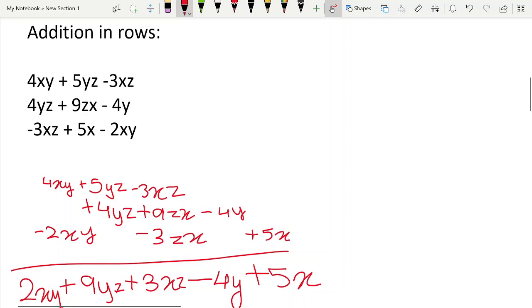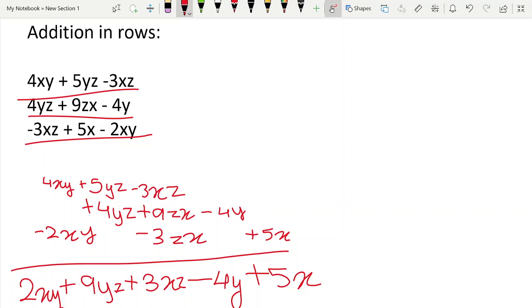Addition in rows. Now, if you have to add this with this with this: 4xy plus 5yz minus 3x plus 4yz plus 3zx minus 4y minus xz plus 5x minus 2xy.